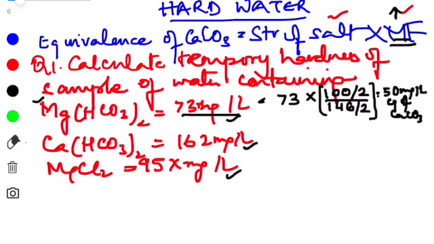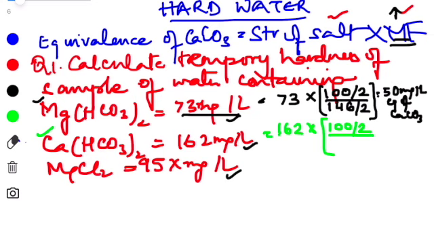Similarly, I will go for calcium bicarbonate. So this will be equal to the concentration or the strength of the salt given in solution, which is 162. Multiply it with what? Equivalent weight of calcium carbonate, which is 100 upon 2. Now divide this by the equivalent weight of calcium bicarbonate, which is the salt causing the hardness in this case.